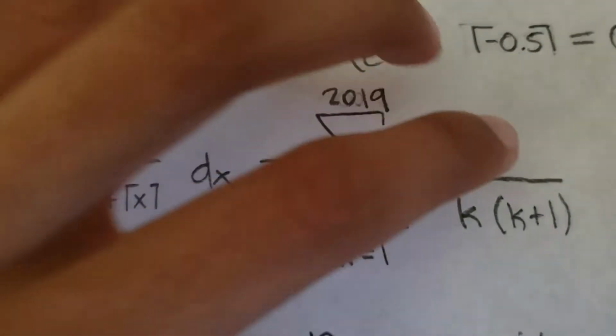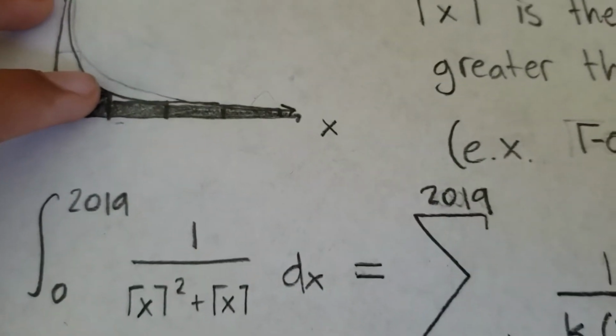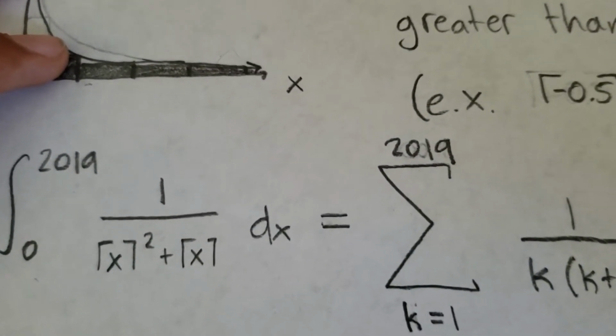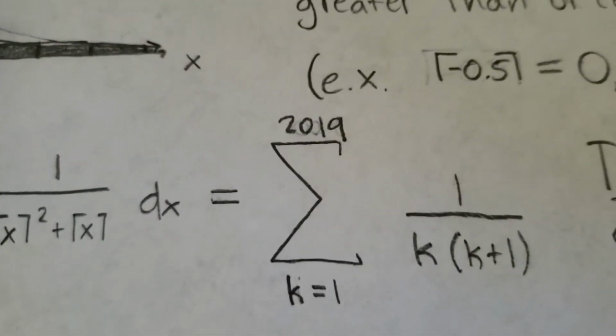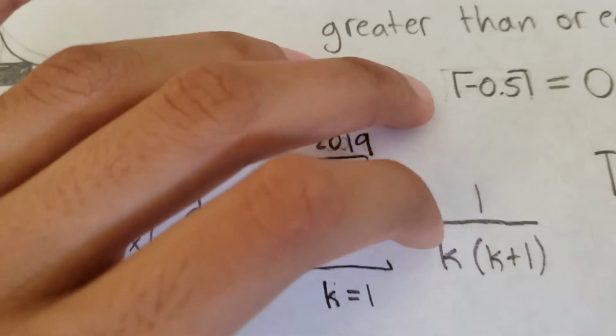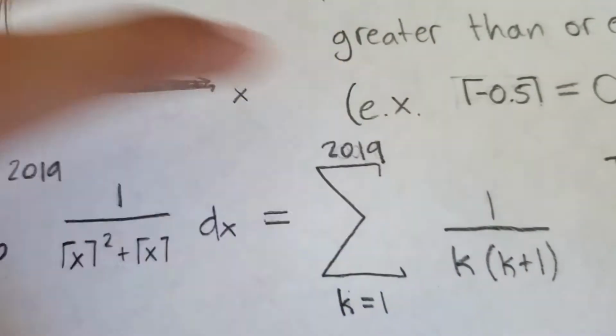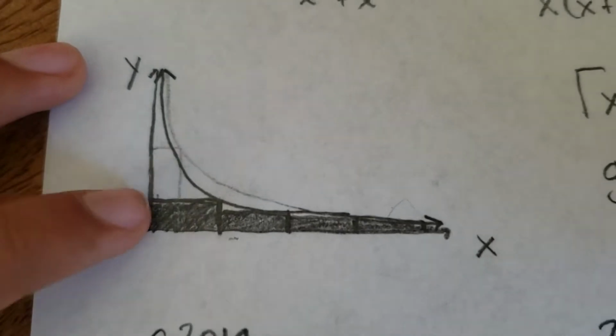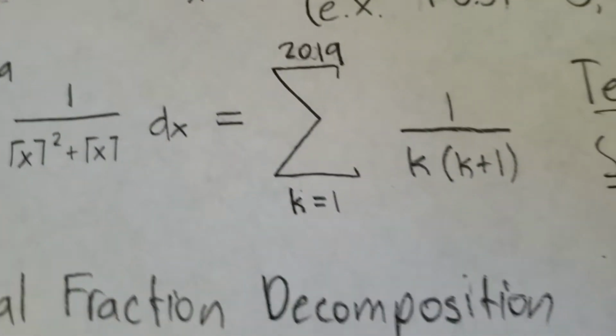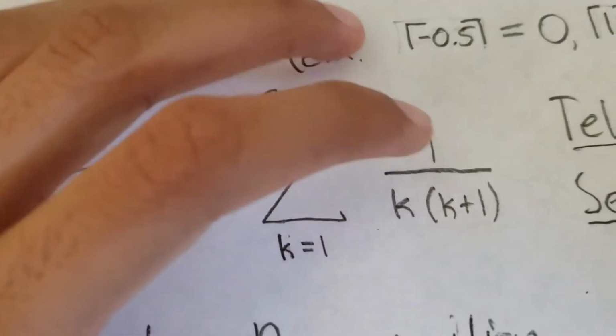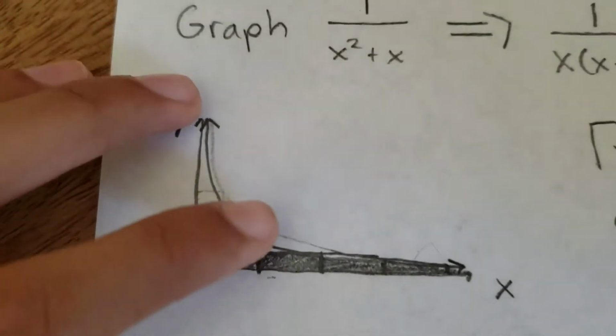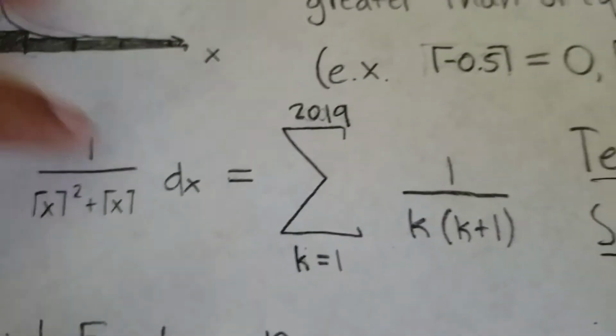Make sure you understand where this is coming from. You can see this works because when k is equal to 1, this expression gives 1/2, and 1/2 is just the area of the first box. When k is equal to 2, this expression gives 1/6, and 1/6 is the area of the second box. And so on and so forth.